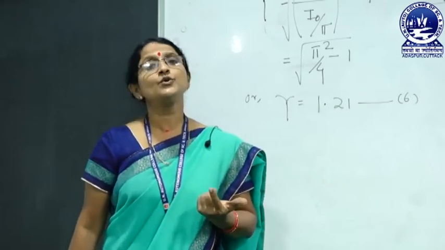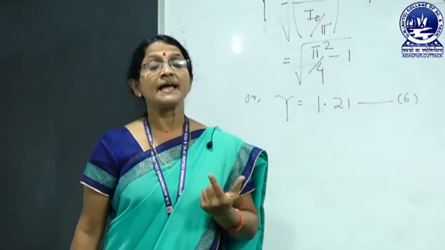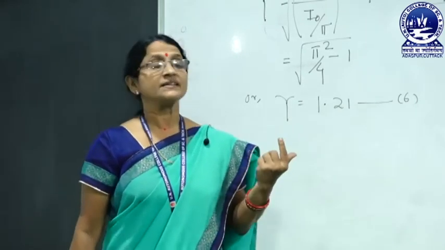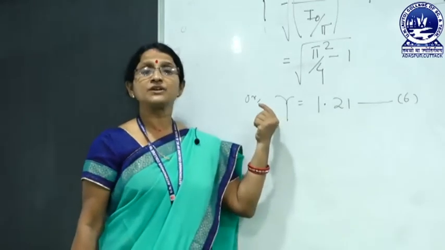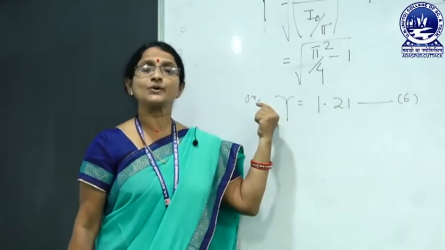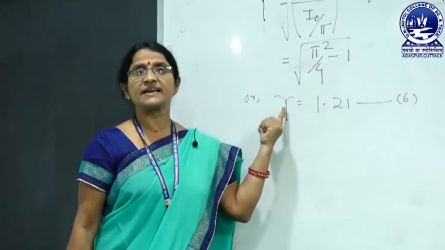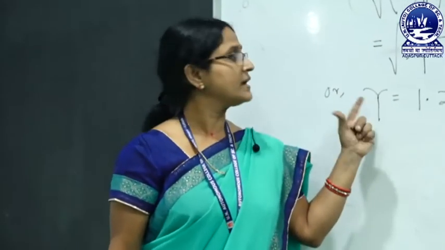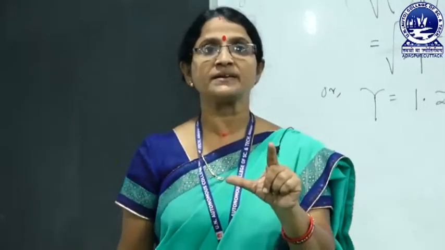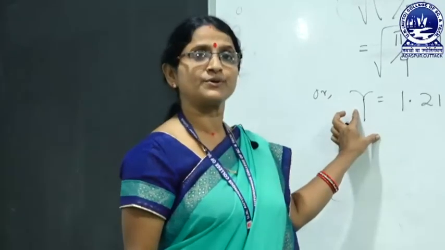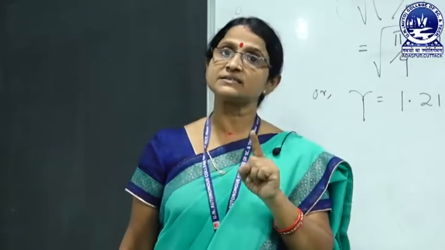So the full wave rectifier comes to avoid this limitation, where gamma should not be greater than 1. It is always less than 1 because it is the AC component, and that AC component should be removed by using a filter circuit.